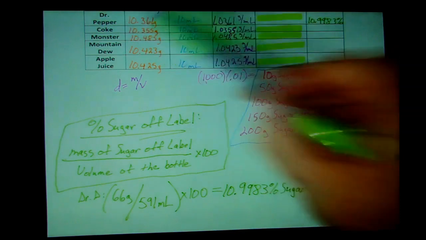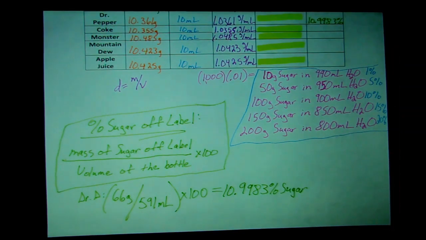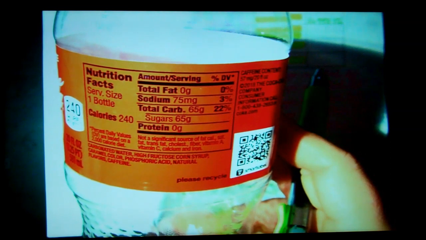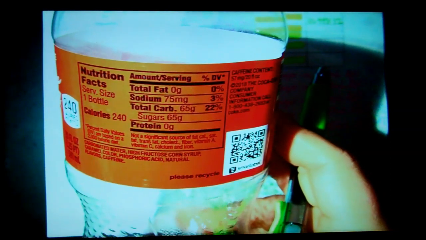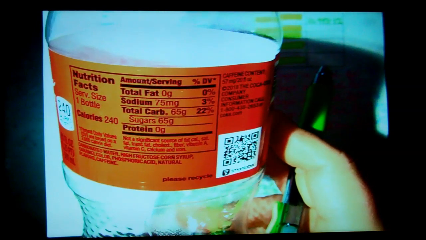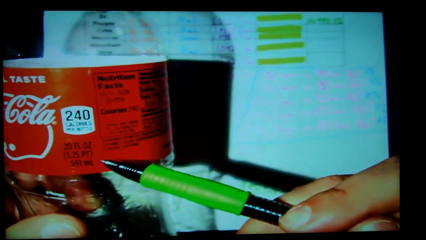So after the Dr. Pepper, we have Coke. So let's look at the Coke bottle. It's a little harder to focus it in. So what do we have Coke-wise? 65 grams for total carbs. And what's the volume? 591. So 65, I'm going to use a calculator.